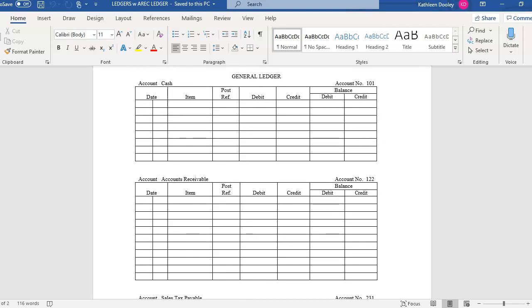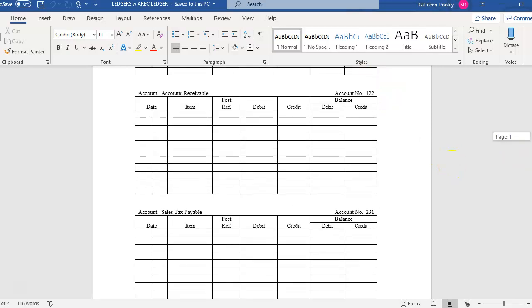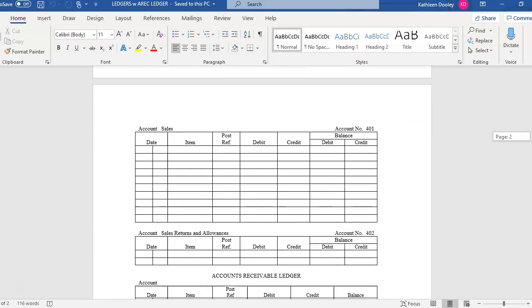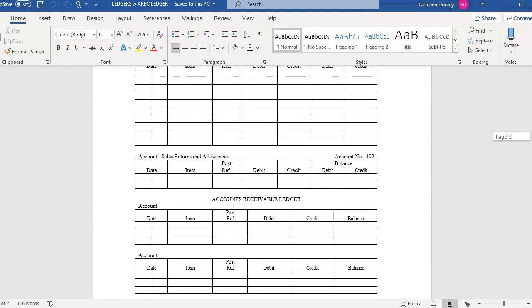So there's cash, and the account number is there as well. Accounts receivable, sales tax payable, sales returns and allowances. These are all the accounts that you would need for the homework problem in Chapter 10.